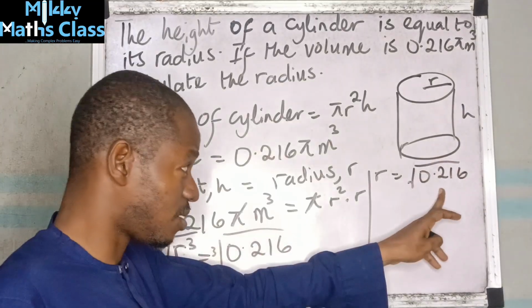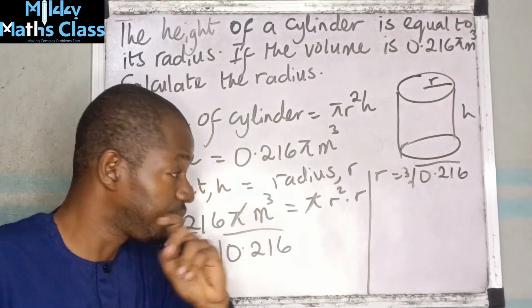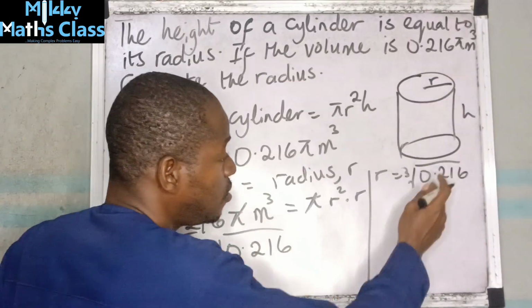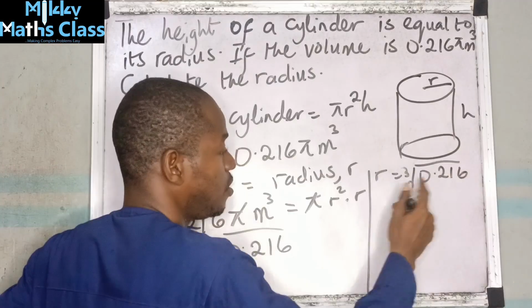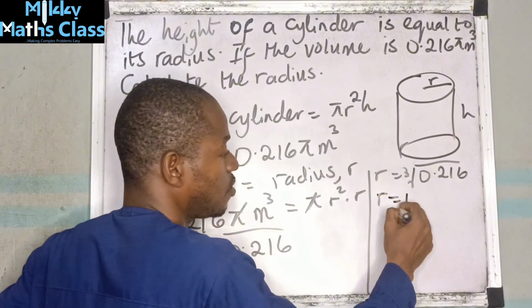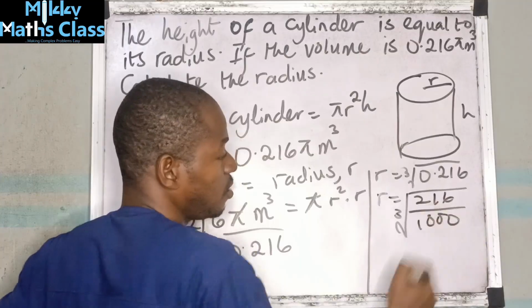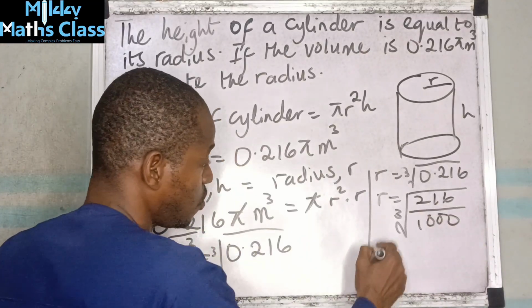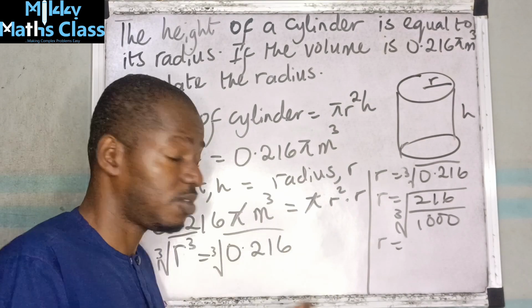Now this 0.216, for us to take the cube root, let's take it to fraction form. Move the decimal point away: 1, 2, 3. So that becomes 216 over 1000, which is equal to the cube root of 216. What will I multiply 3 times that will give me 216?